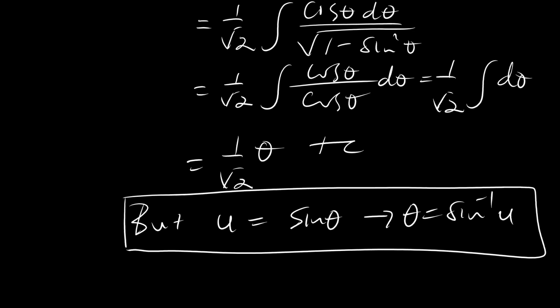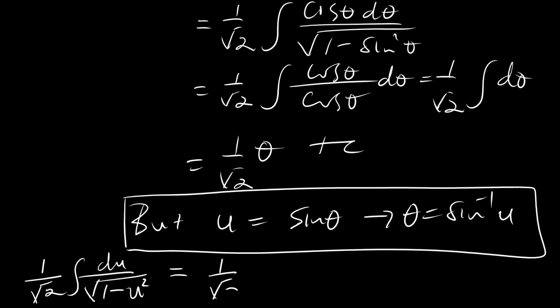Knowing that, the integral of 1 over root 2 integral of du over the square root of 1 minus u squared is equal to 1 over root 2 arc sine of u plus c.